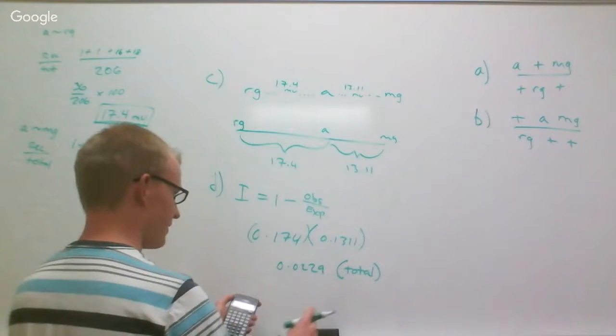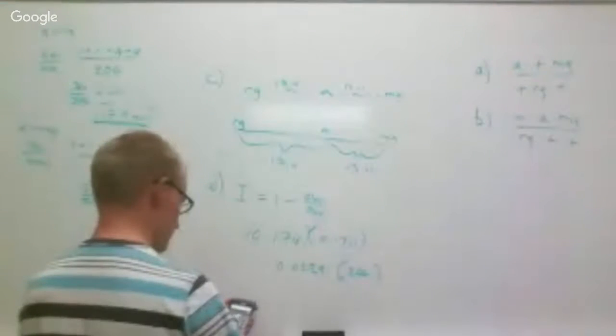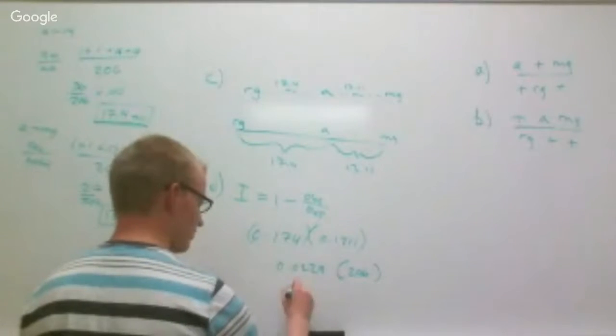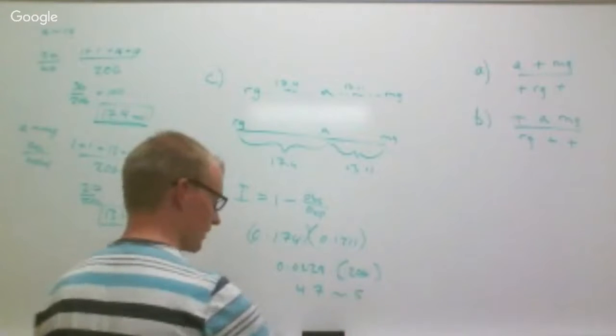So multiply this guy, total 206.6, and that means our expected double crossovers would be 4.7. Let's round that up to 5 expected double crossovers.